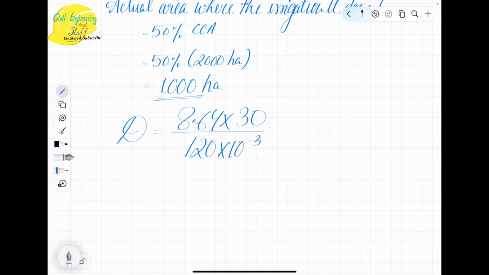So 8.64 into 30 divided by 120 into 10 to the power minus 3. The value will come out to be 2160. What is the unit of duty in this case? It will come out to be 2160 hectare per cumec.